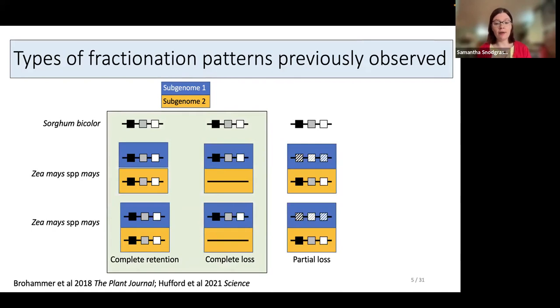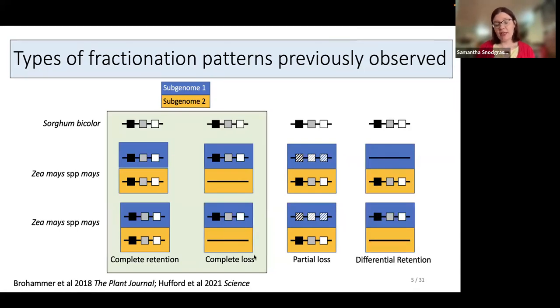Though there are other patterns such as partial loss, where if you dig down to the exon level, you see that some of those exons have remained, whereas others have been lost. So you still get some alignment of that second homolog, but it's not a complete set of exons.